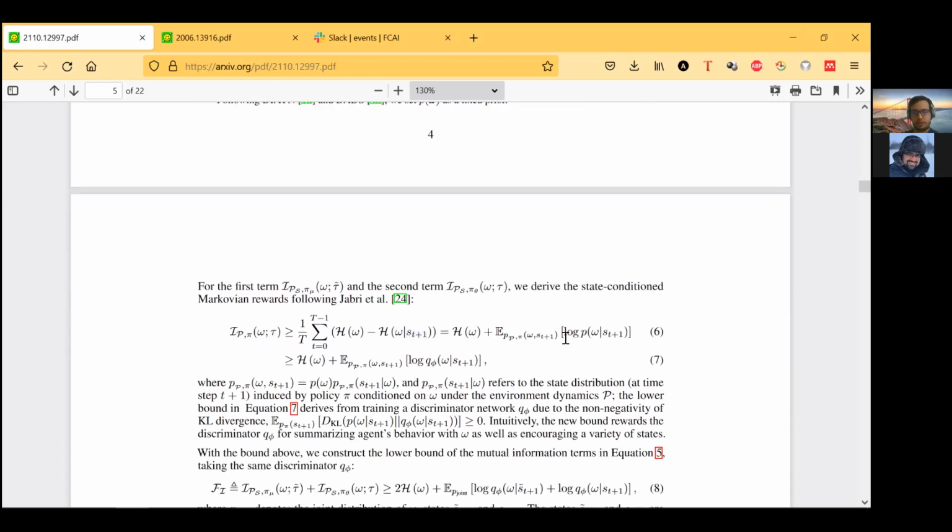And then, this is just a rewriting of what the conditional entropy is. And so you get this term. So it's the entropy of the goal distribution. The omegas are sampled from a fixed prior. So you have some goals.